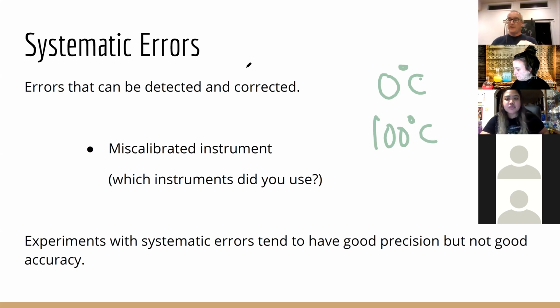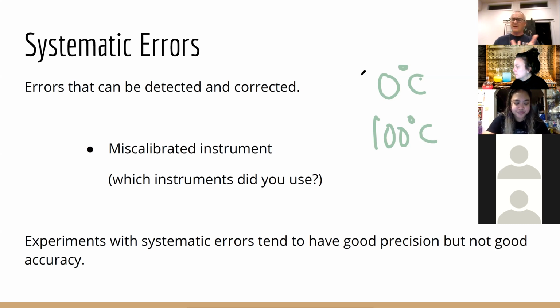You put it into 100, you say, okay, that's 100. Then when you measure the temperature between 0 and 100, it should be very accurate, because it now knows what 0 and 100 precisely are. So that would be the idea of a calibration. It's telling an instrument what it should be measuring and then making sure it's measuring it correctly.